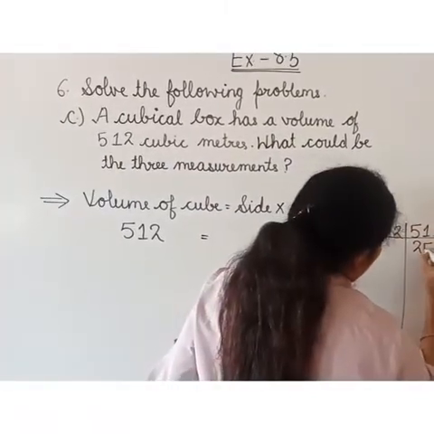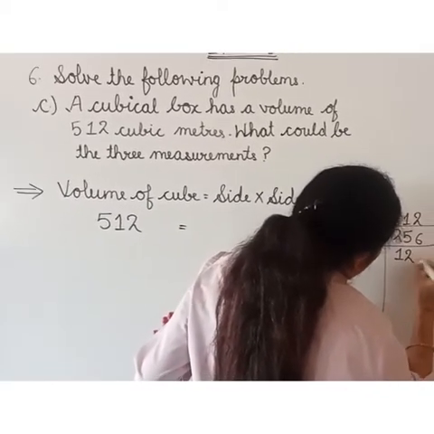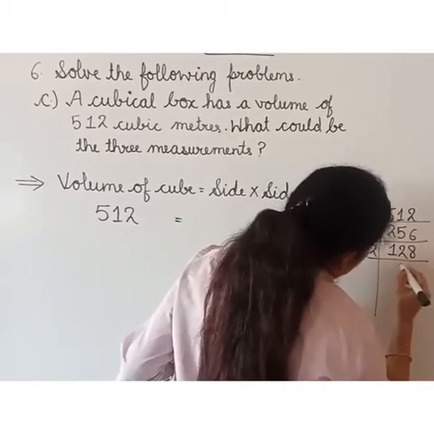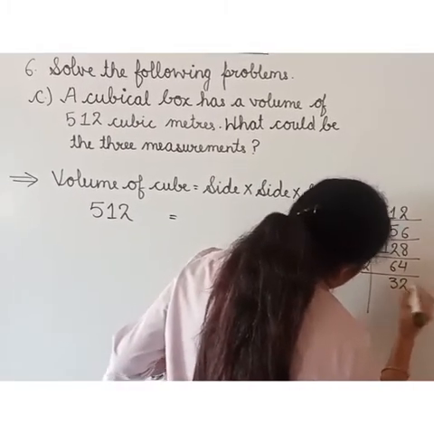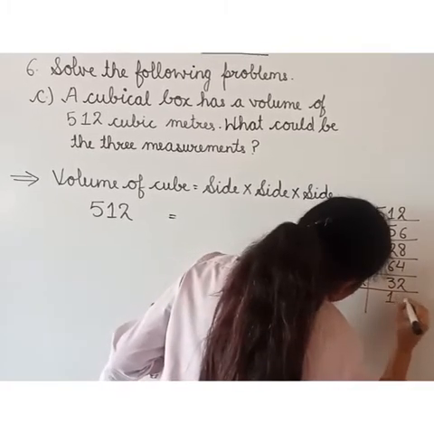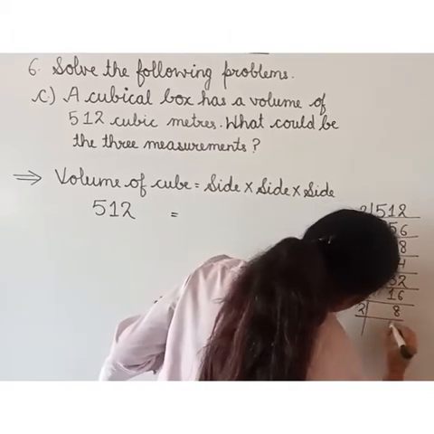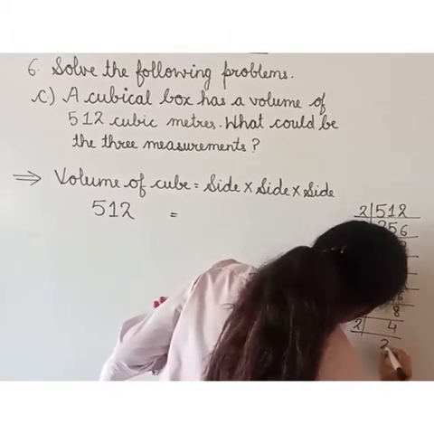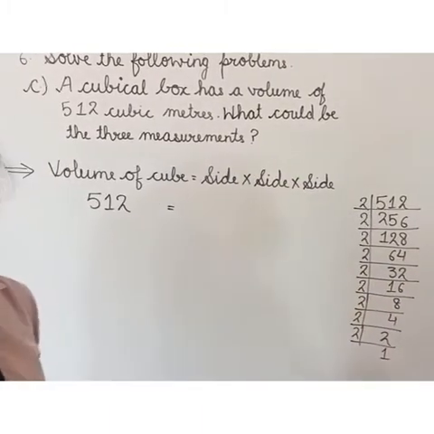2 2s are 4, 2 4s are 8, 2 8s are 16, 2 16s are 32, and so on, until we get all the prime factors.